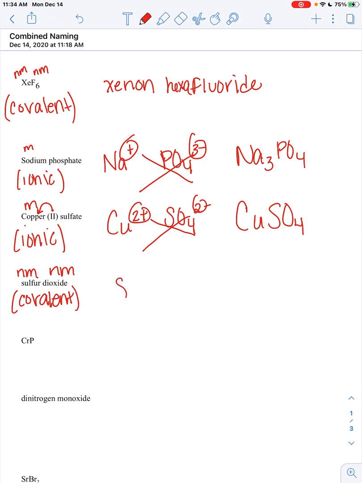So we write the symbol for the first element, the symbol for the second element. We then use the prefixes to get the subscripts. Sulfur doesn't have a prefix, so that means its subscript is a 1, which we don't write. Oxygen has a prefix of di, so it's going to be a 2. Remember, you do not crisscross for covalent compounds.